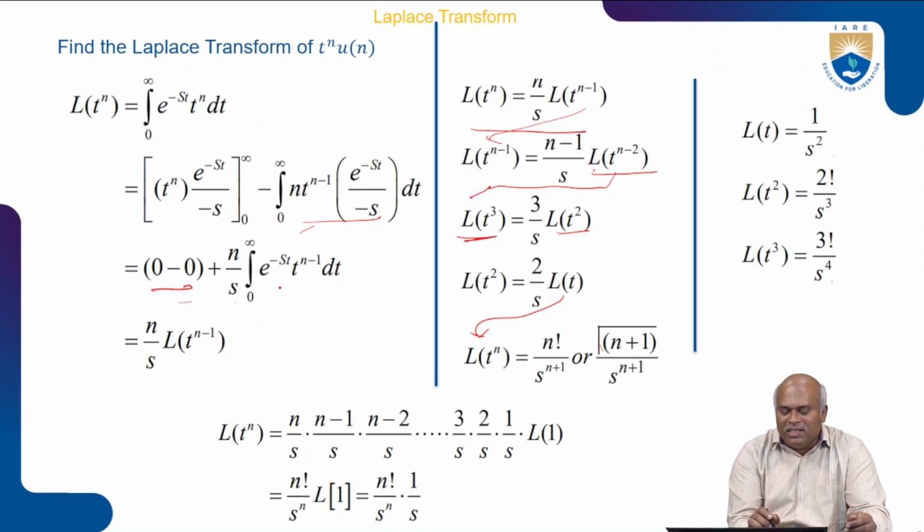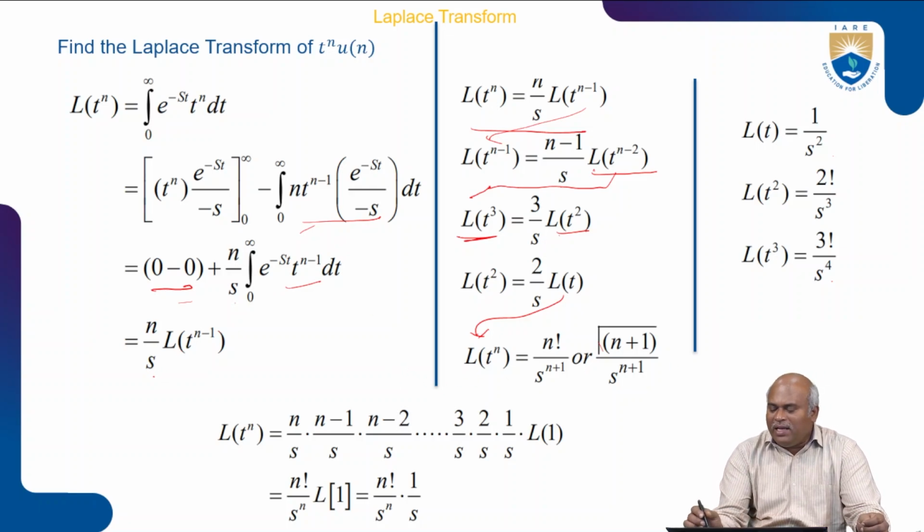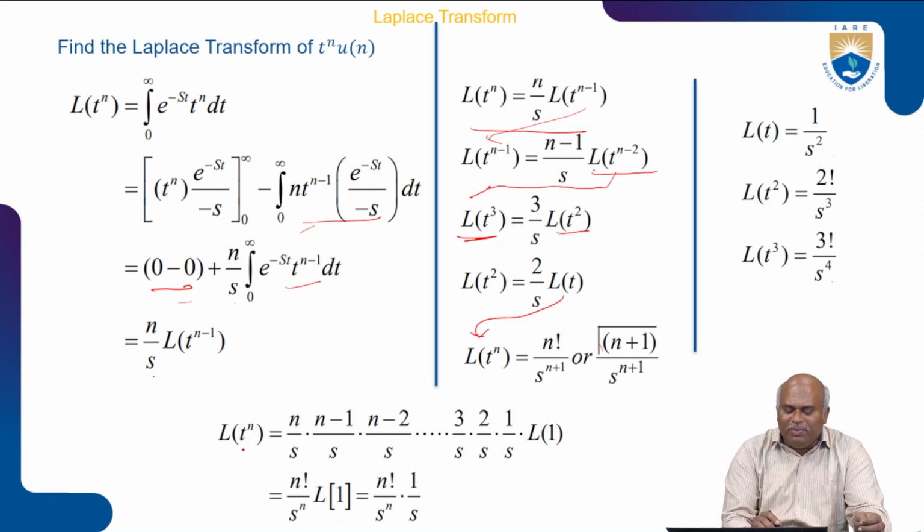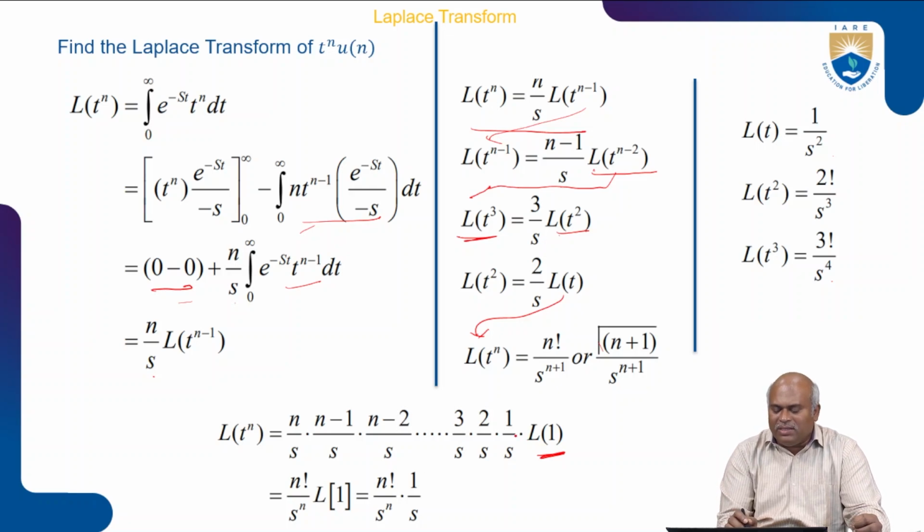So this term I represent as n by s Laplace transform of t power n minus 1. So finally I concluded that Laplace transform of t power n is equal to n by s, n minus 1 divided by s, n minus 2 divided by s, up to till we have the 1. So this term I should write n factorial divided by s power n Laplace transform of 1.